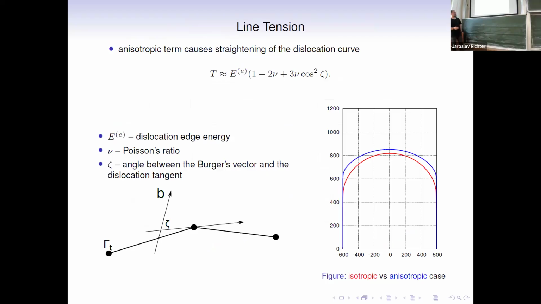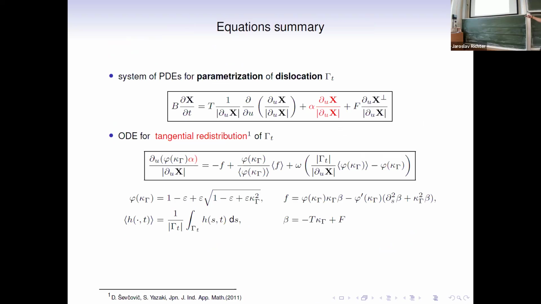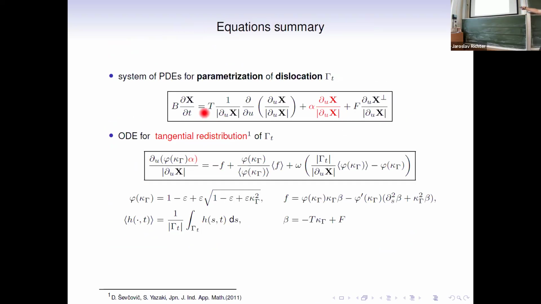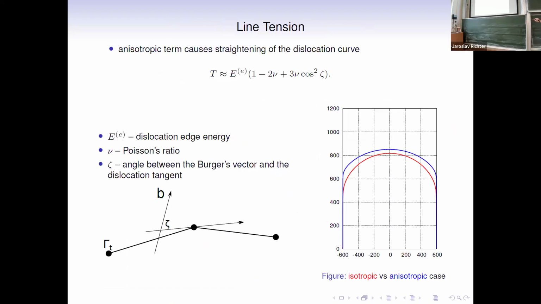Okay, so now let me discuss the fundamental dislocation mechanisms. As I already commented, I'm going to start with the line tangent. If I skip back 3 slides, we can see there is a term T times the curvature, and T times the curvature approximates the self-force generated by the dislocations.